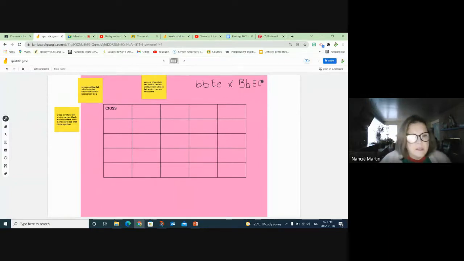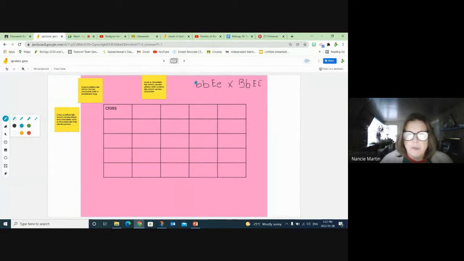Okay, so now it's not going to be any different than doing a dihybrid cross, right? We're going to see what kind of puppies we could expect to get from this cross here. So we're going to sort these out.